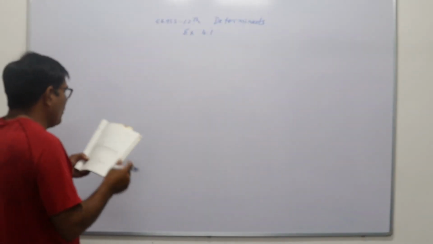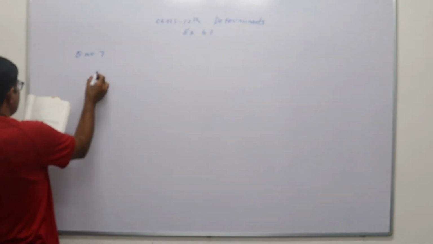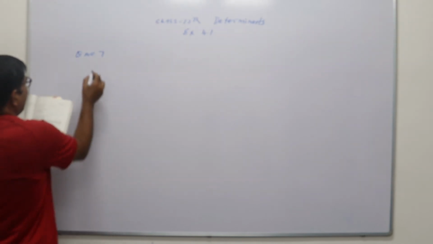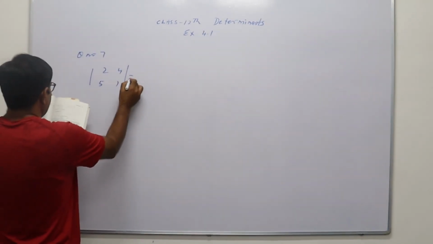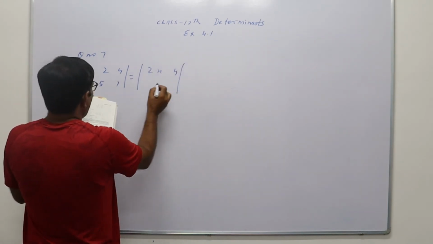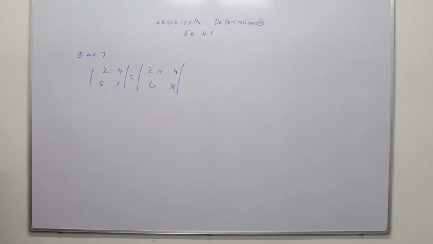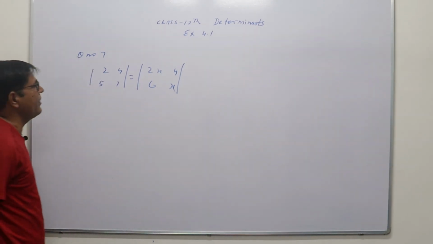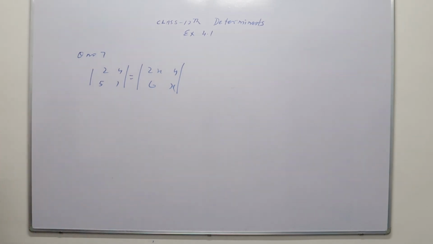Then find the value of x. Question number 7. First, determinant of 2, 4, 5, 1 is equal to determinant of 2x, 4, 6, x. There are two determinants of order 2 cross 2 and both are equal, and we have to find the value of x.